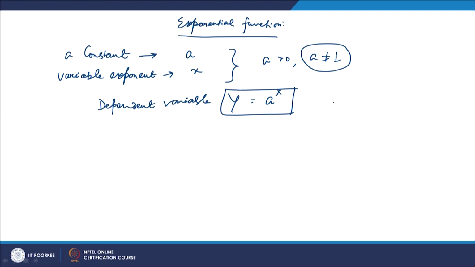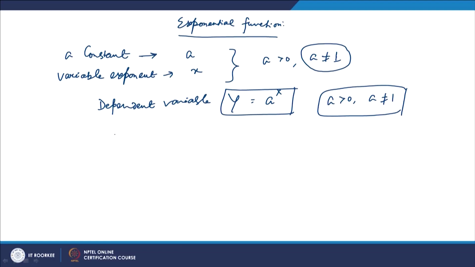In that case a has to be more than 0, and a must not be equal to 1. Now, this is for the growth rate. Such functions you will normally come across, and that is how these exponential functions become important in economic decisions.